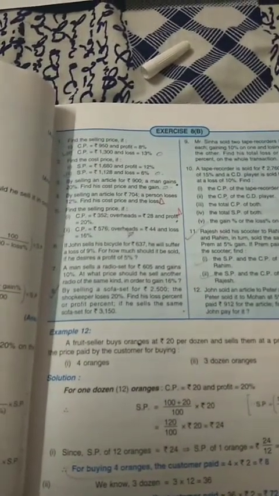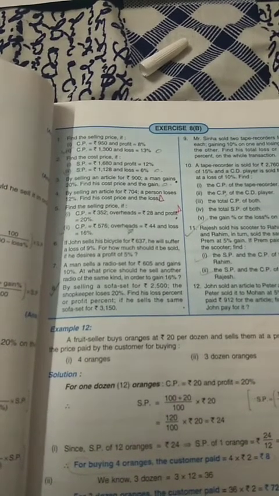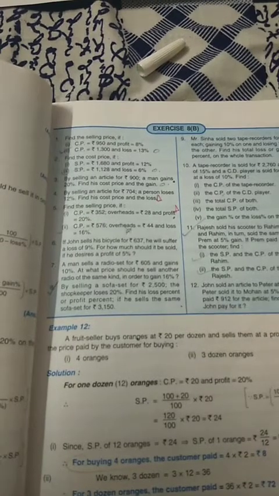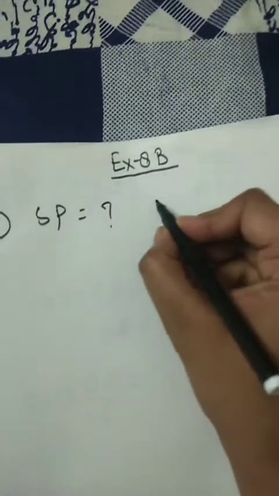First question, it is saying find the selling price if cost price is given as 950 and profit percent is given as 8%. So let's solve this. We have to find selling price, and cost price is given as 950 and profit percent is given as 8%.